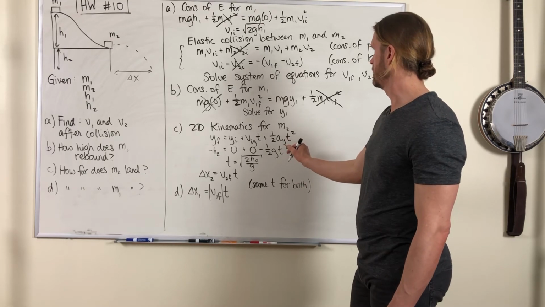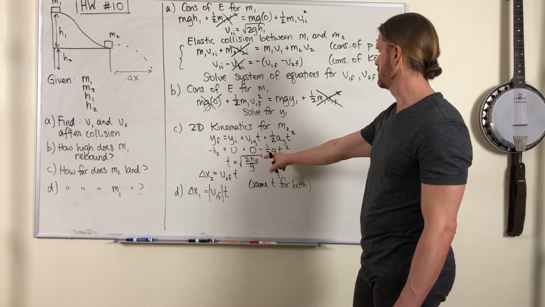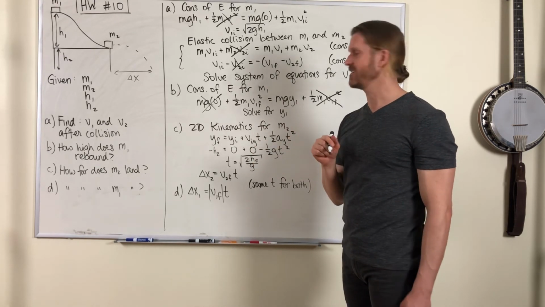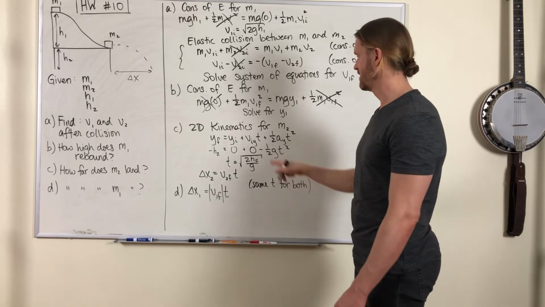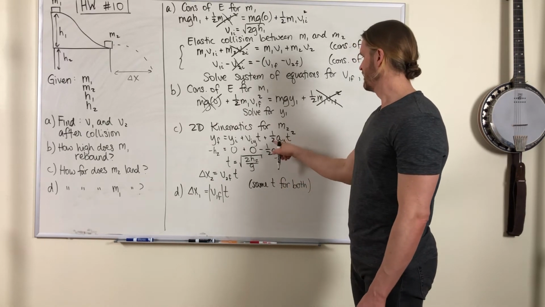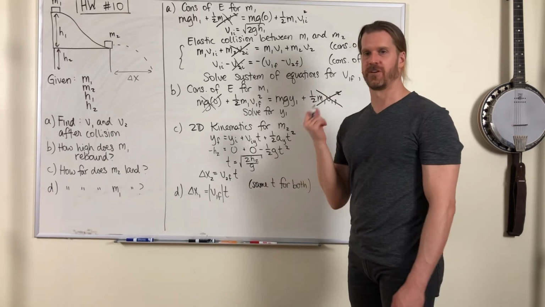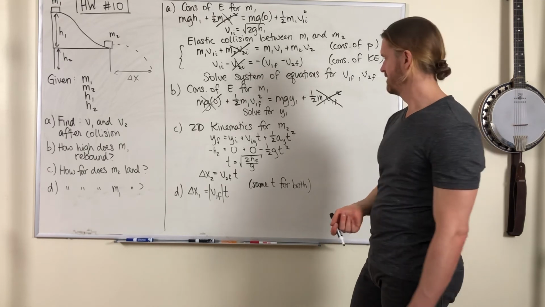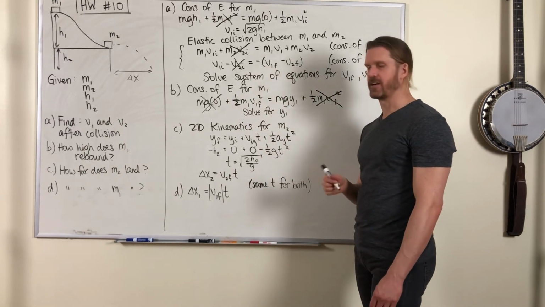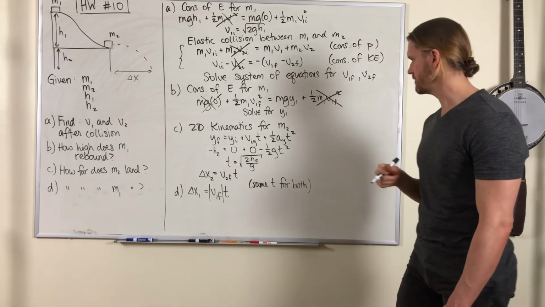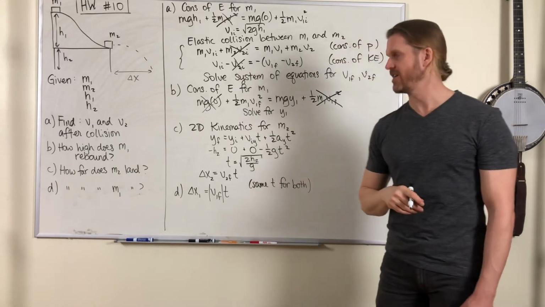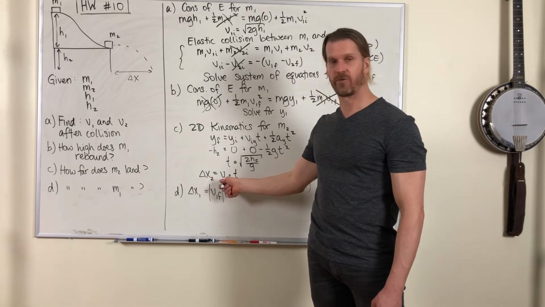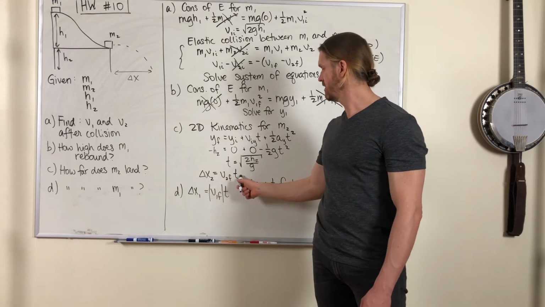Block 2 started out with 0 vertical velocity. So that's 0. This is the y direction. And there's our acceleration, because the acceleration is coming from gravitational free fall. That means that M2 is accelerating at negative g. Okay, so there's the time to hit the ground, and that means the distance traveled is that horizontal velocity times the time.